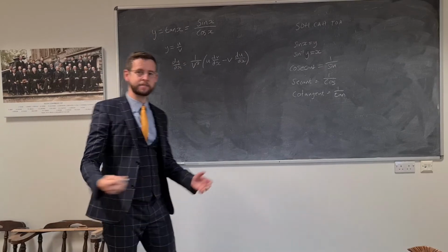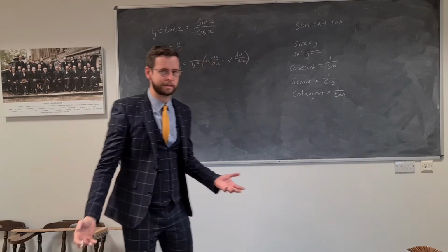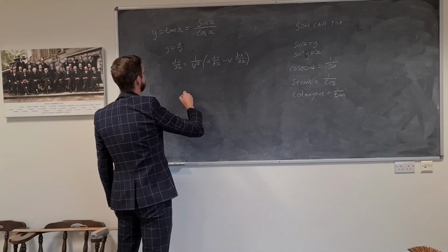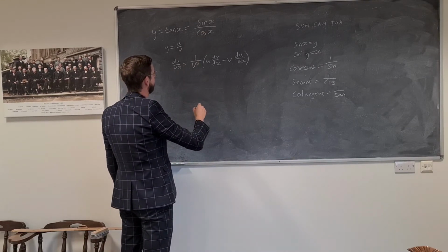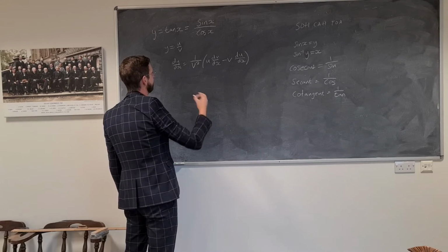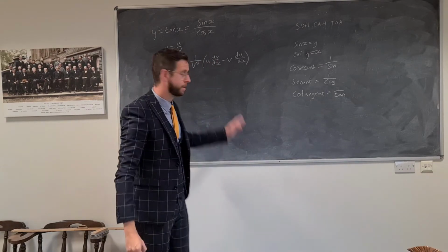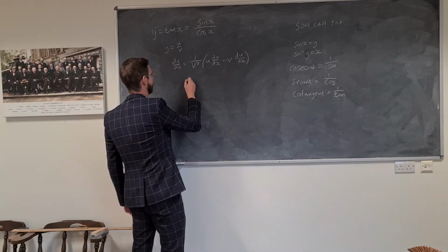Alrighty then, that gives us a really formulaic way. We just need to insert some values. So going back up to u being equal to sine x and v being equal to cos x, and remembering what the derivatives of those two functions were, we can rewrite this in the following way.